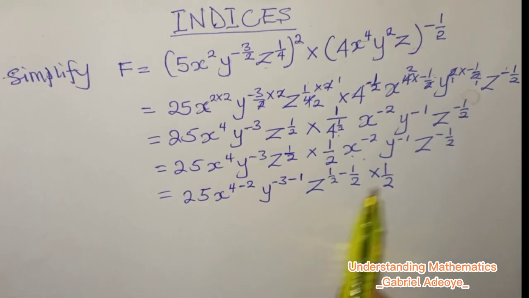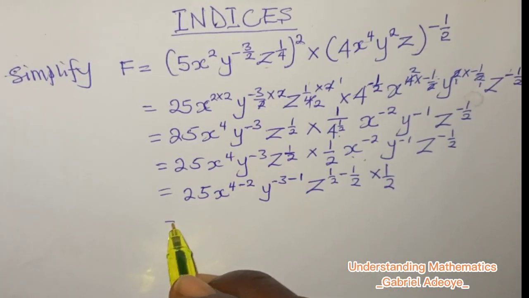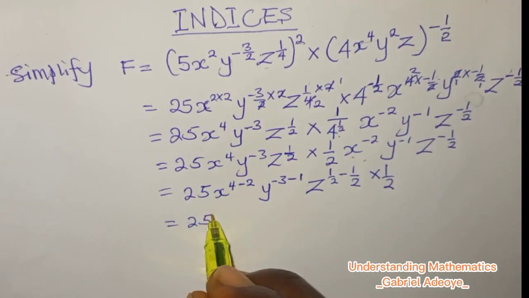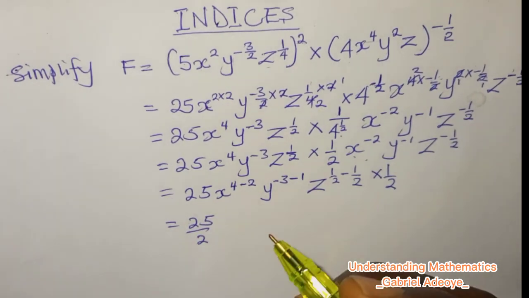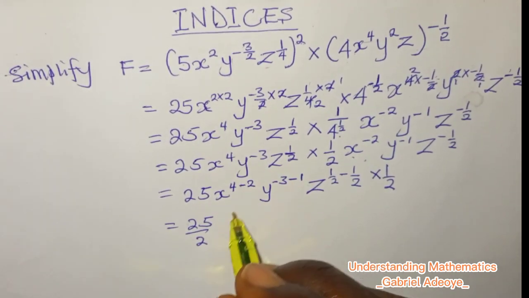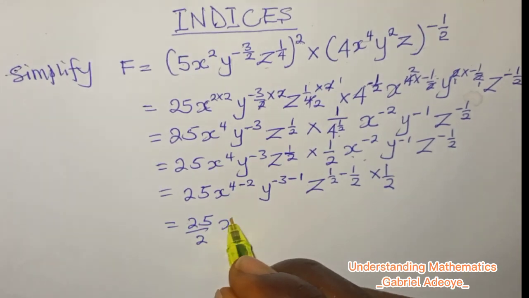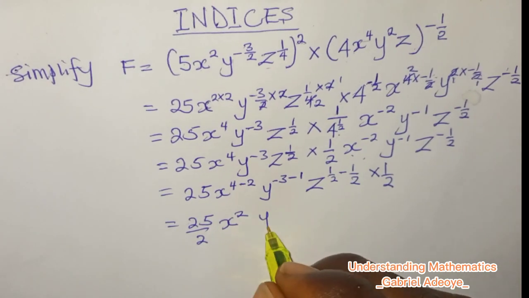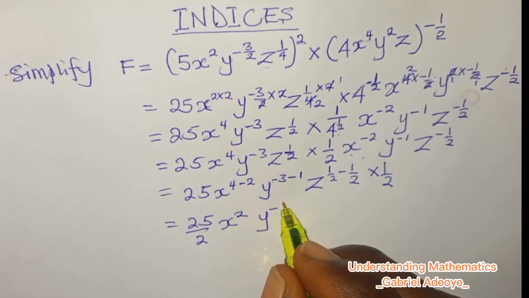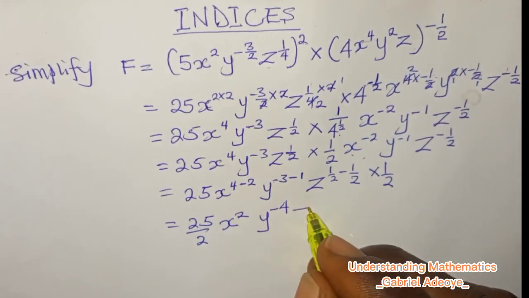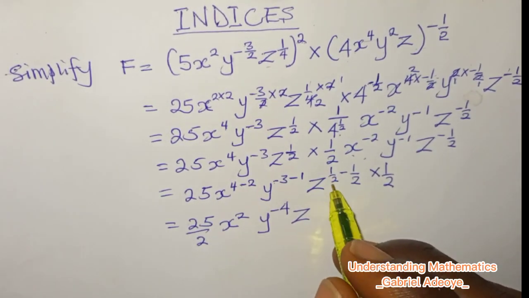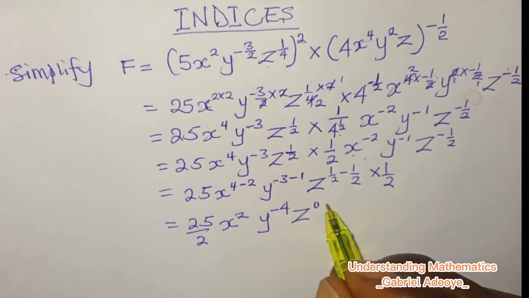So for this constant value, we have 25 over 2. 4 minus 2 is 2, so we have x raised to power 2, y raised to power minus 3 minus 1 is minus 4, and z raised to 1 over 2 minus 1 over 2, of course, is 0.